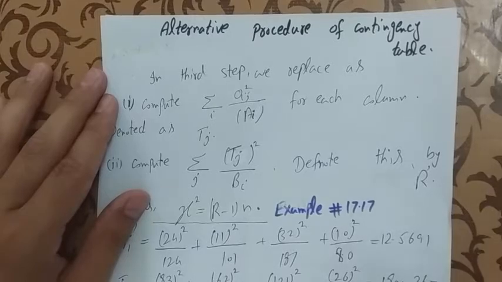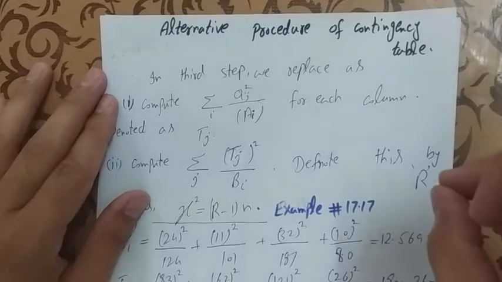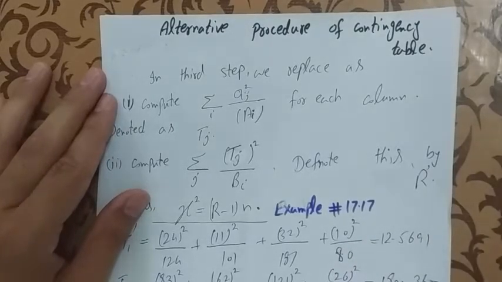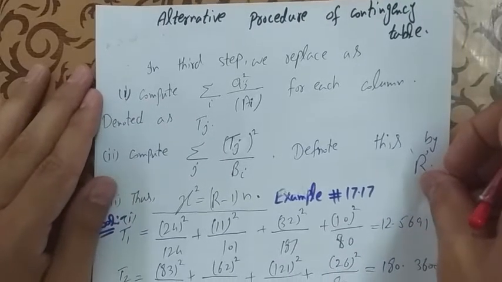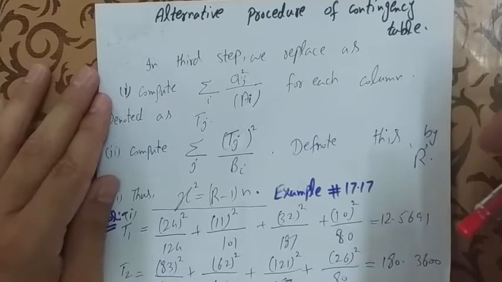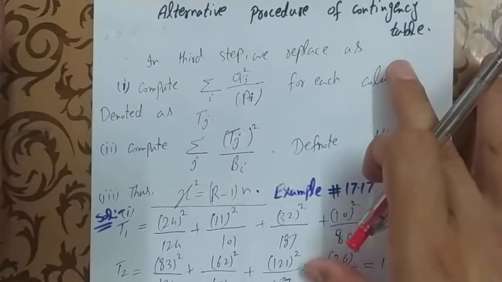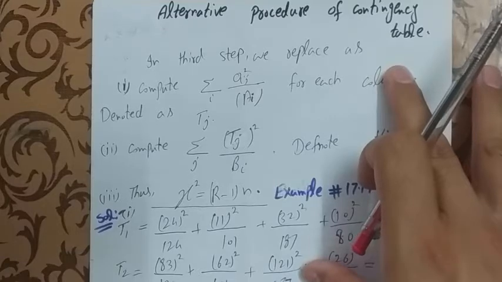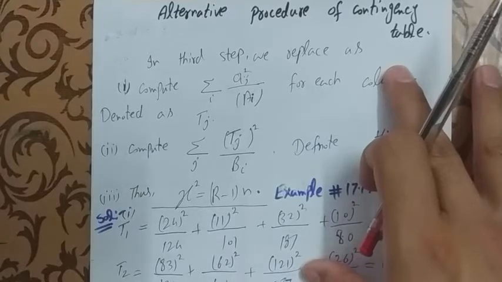This procedure is too long, but the alternative procedure which we are studying now is slightly shorter relative to the previous one. All the things which we studied in the contingency table: first, we formulate the null and alternative hypotheses, second, find out the significance level, and third is the test statistic.